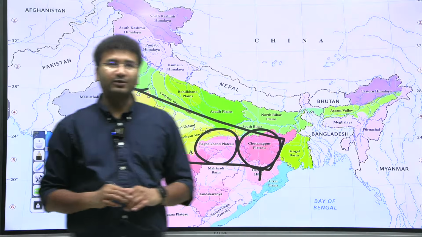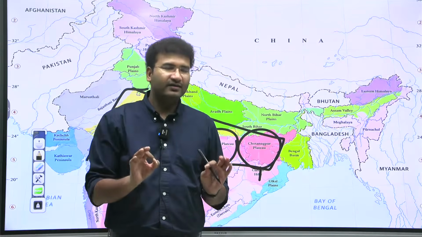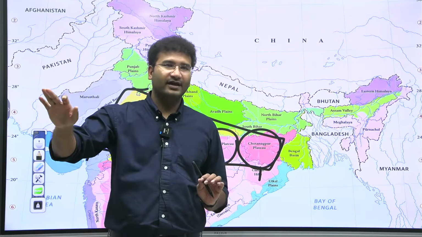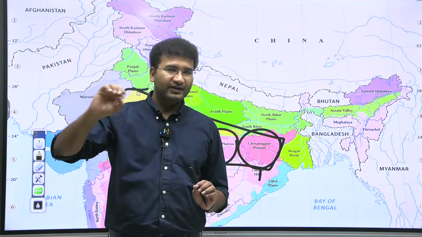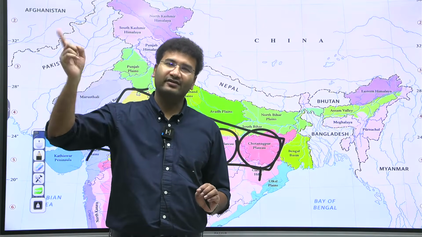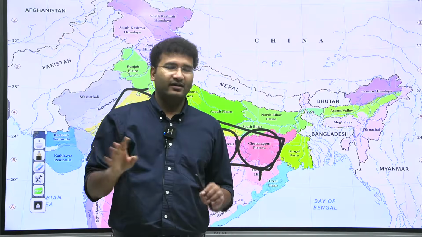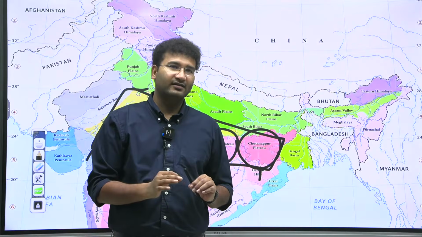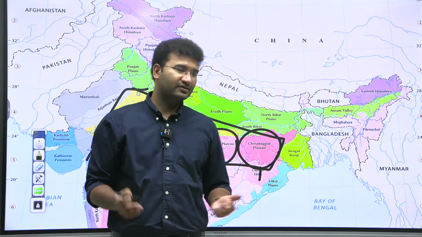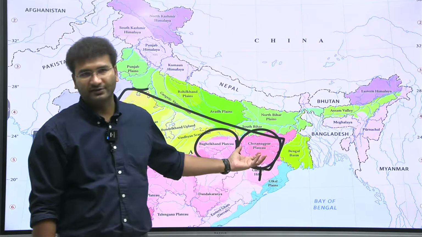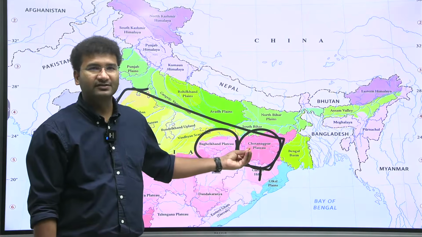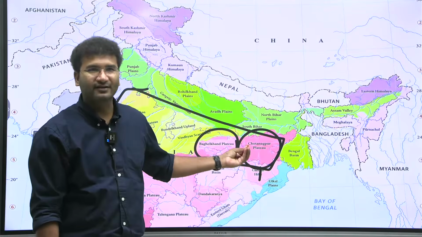Chota Nagpur plateau. With your eyes closed, any mineral except for diamond, if it is given, you close your eyes and mark it right. All the minerals in India, majorly industrial minerals, are present in this Chota Nagpur plateau, except for diamonds. Diamonds are found in one place, where?